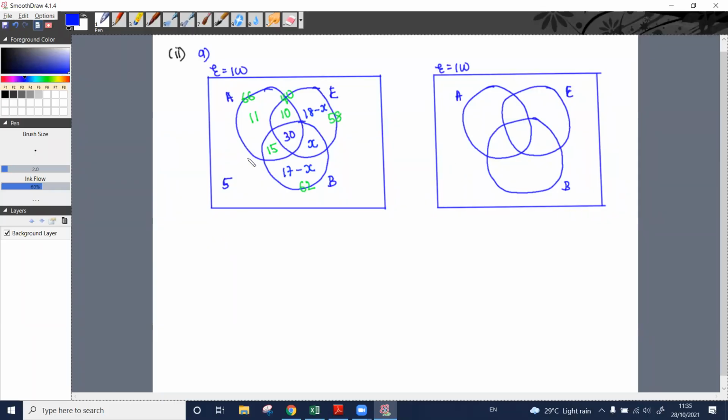How can we find that? We'll add each of these parts separately.